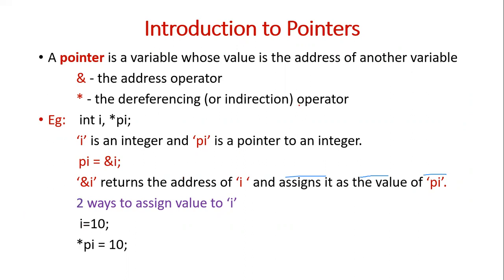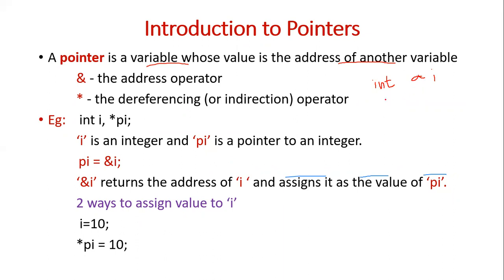So what do you understand by that? A pointer is a variable whose value is the address of another variable. Say for example, I am declaring a variable like this: int a. What does it mean? a is a variable of type integer.